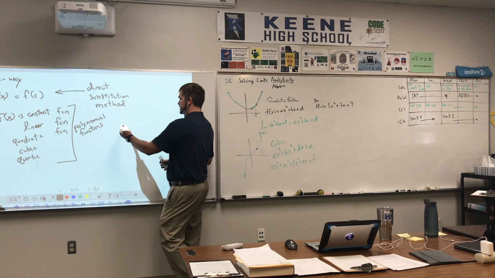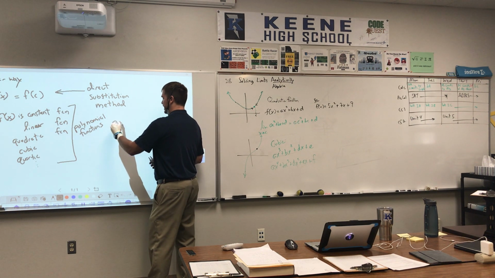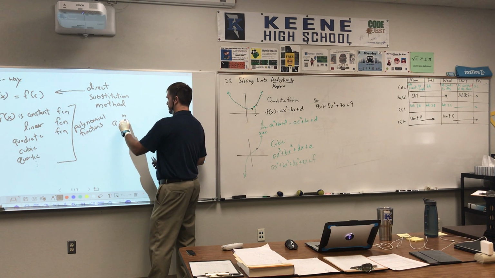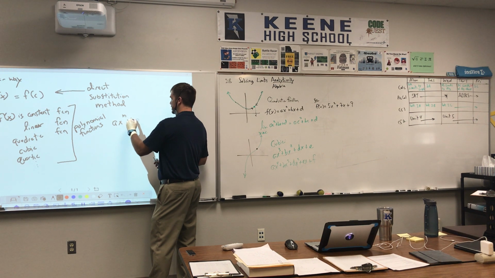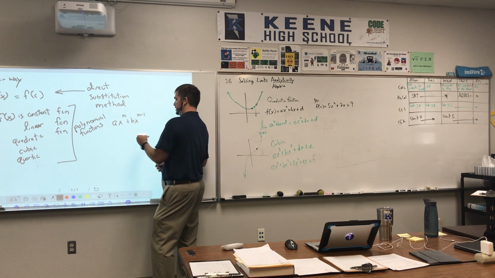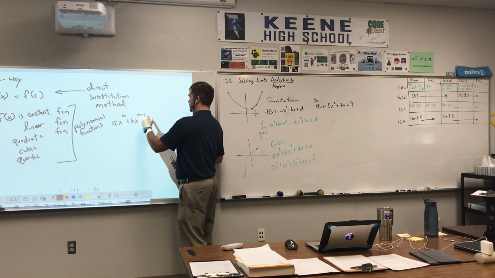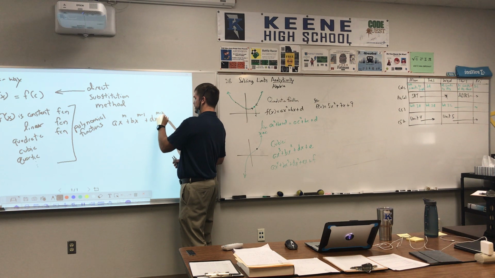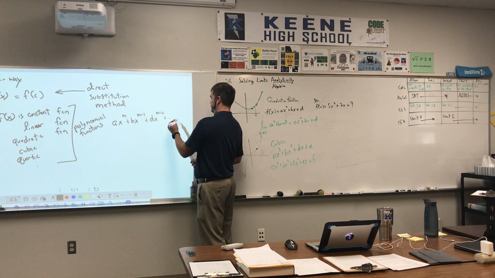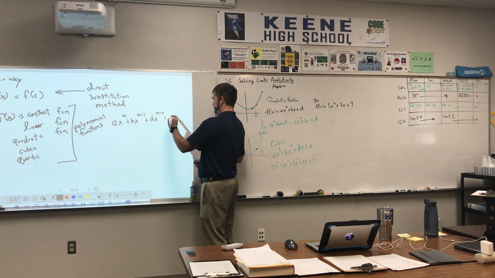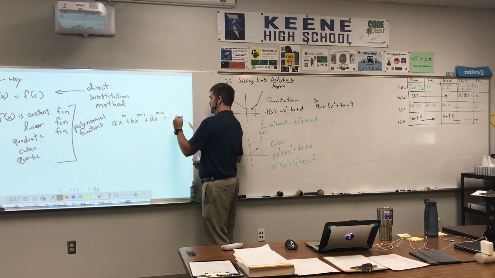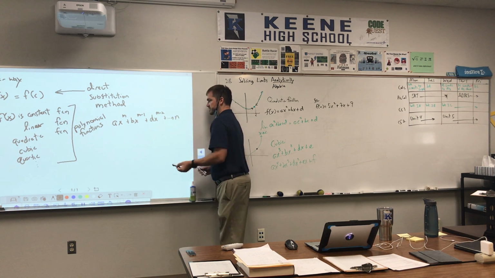Polynomial functions take the form ax to the m plus bx to the m minus 1 plus dx to the m minus 2, all the way down to just a single number.